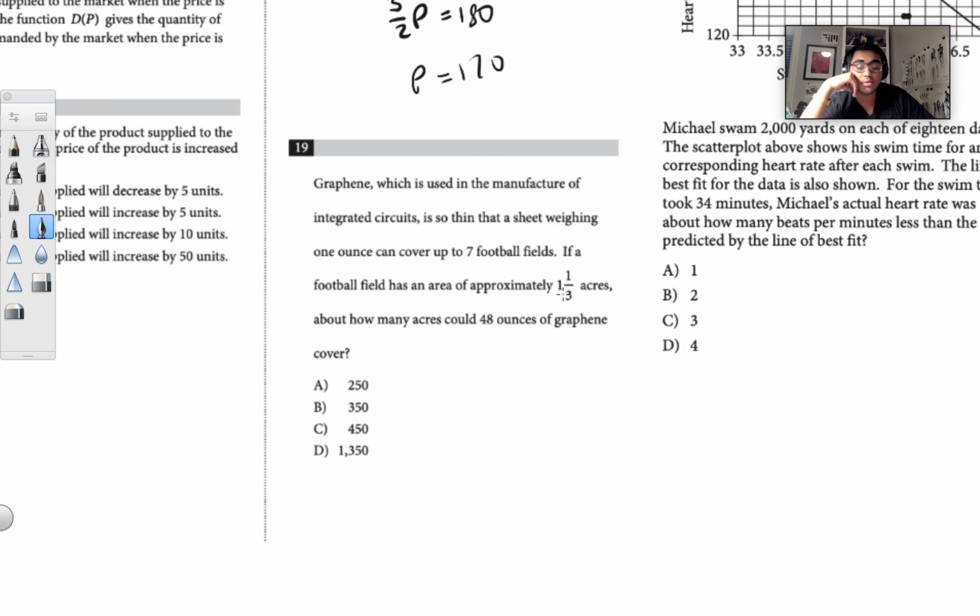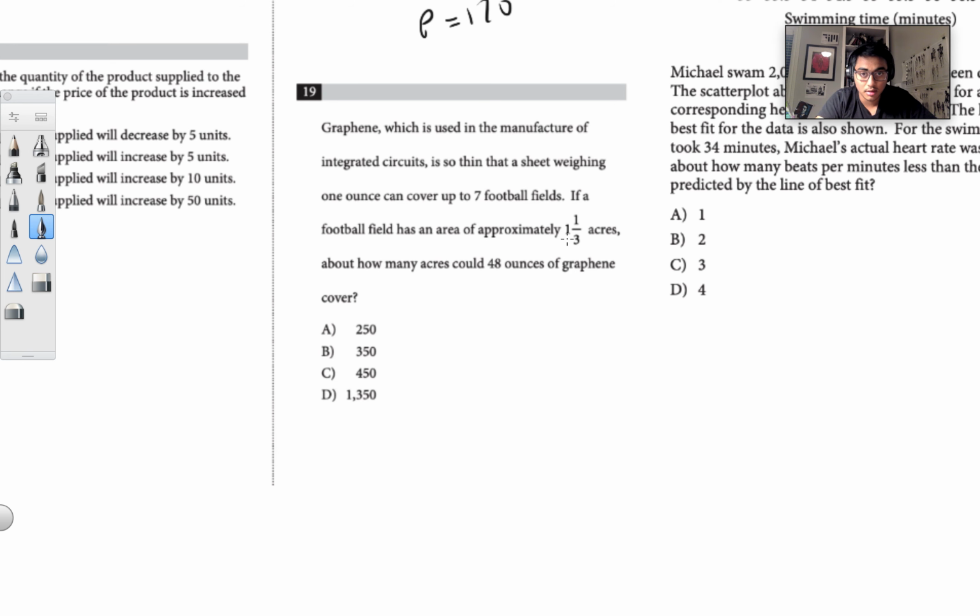1.333. What I usually do is convert this to a decimal just to make it easier for my calculator. So if 1 acre can cover 1.33 acres of land, then how many can 48 cover?